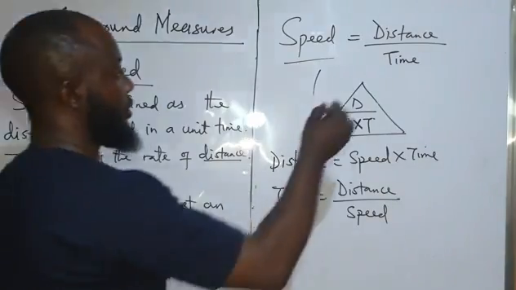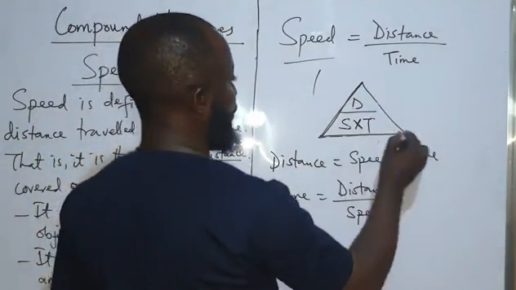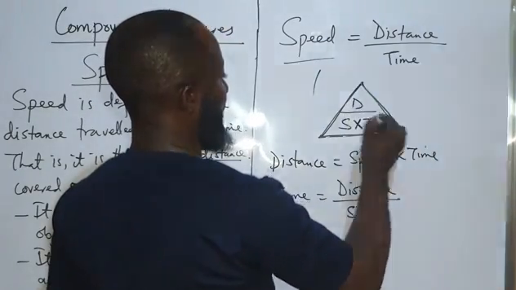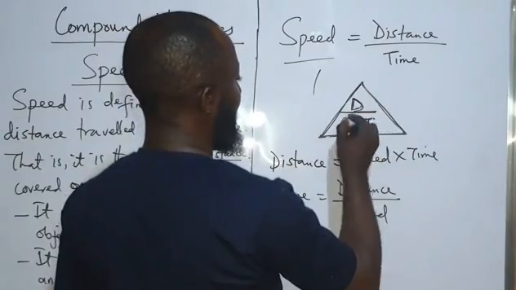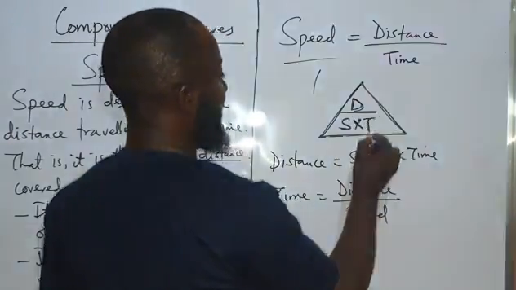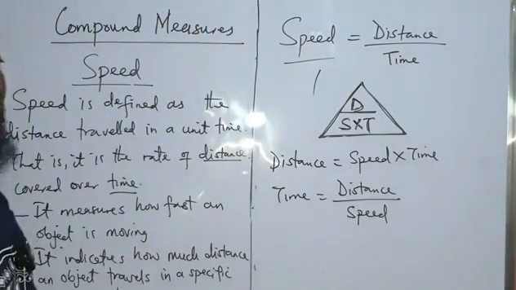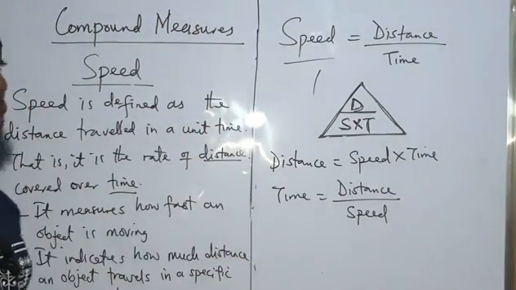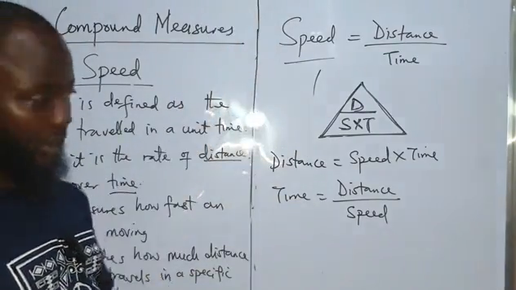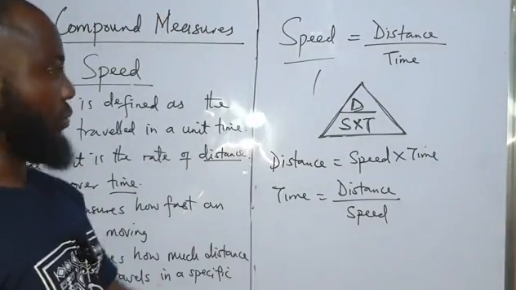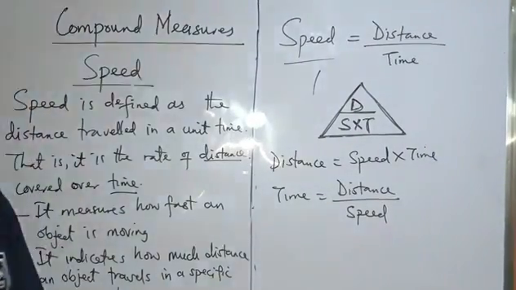So this one is just like a shortcut method for you to recall the formula if any one of these three variables is being asked in an exam. So we're still going to look at that. The next stage is now we're going to look at examples on speed and see how far we can go on it. We have these two examples here.